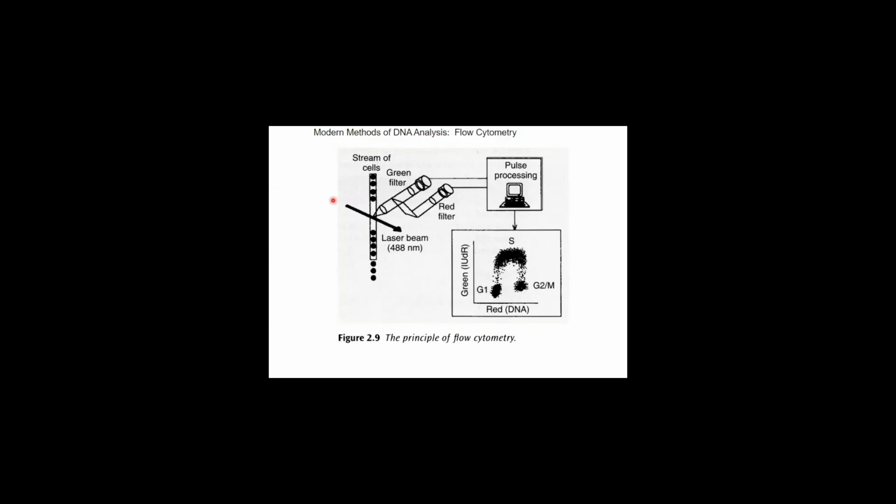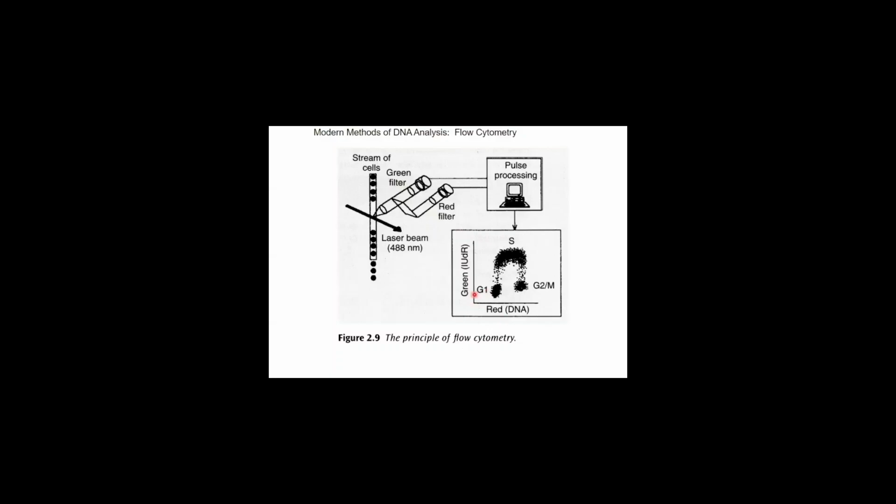What's done in these experiments most commonly is you add a dye called propidium iodide, which is a red dye. Propidium iodide labels all the DNA within the cell, regardless of whether it's synthesizing or not. Then you add bromodeoxyuridine and bind to it an antibody that is fluorescent green. So you're comparing red fluorescent color to green fluorescent color.